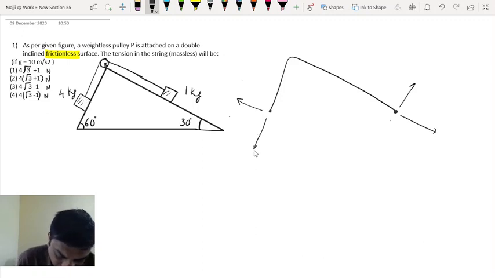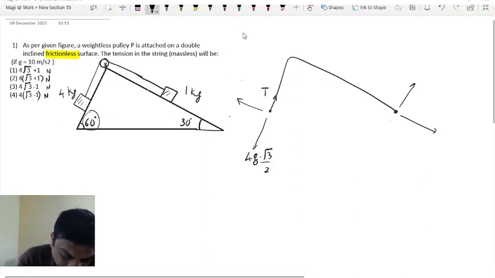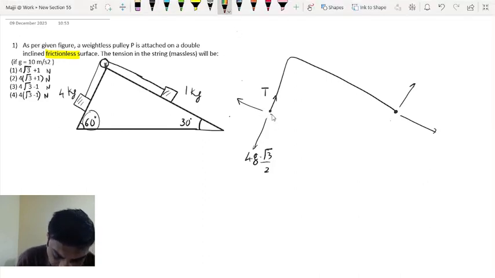So here it will be 4 g sine 60 degrees. Remember the 60 degrees? And here of course there will be a tension. We are not interested in the forces which are perpendicular to the string because they balance, isn't it?